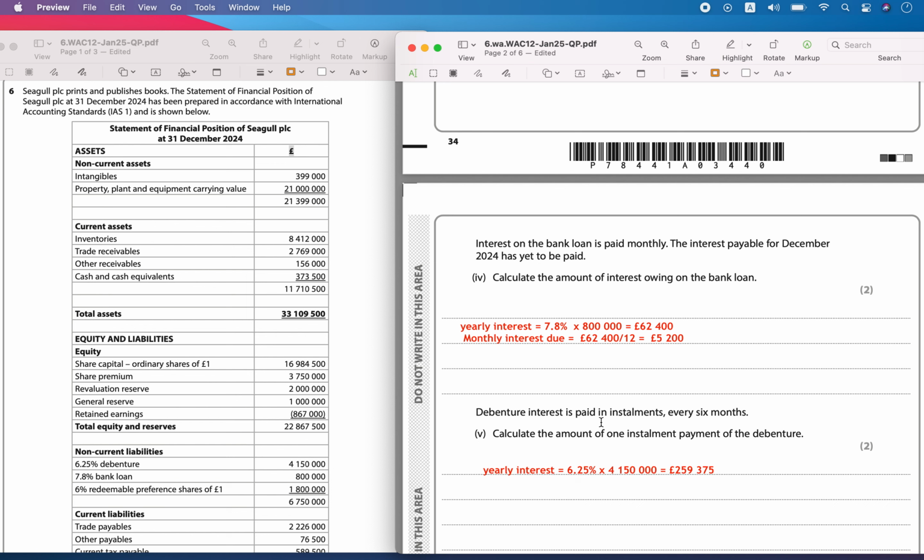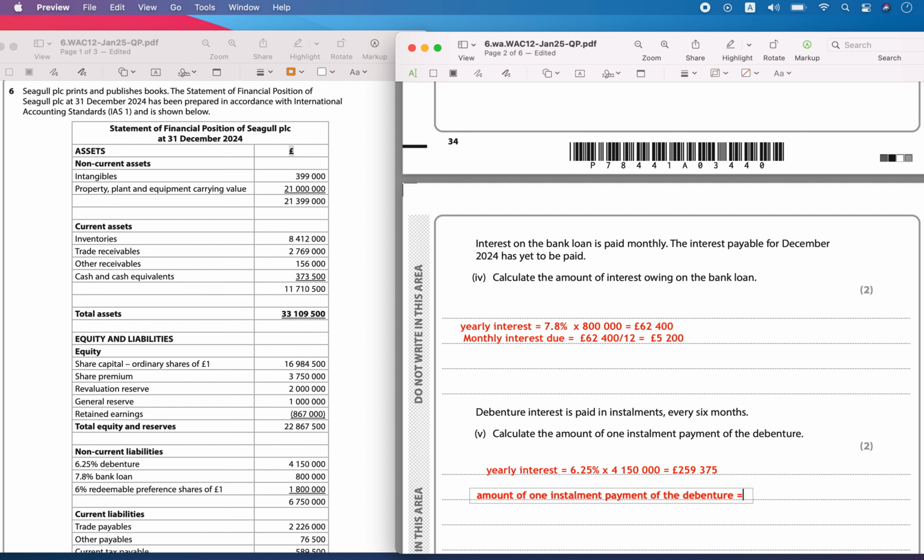Now it is paid every 6 months. Calculate the amount of one installment for the debenture. One installment will be this divided by 2.